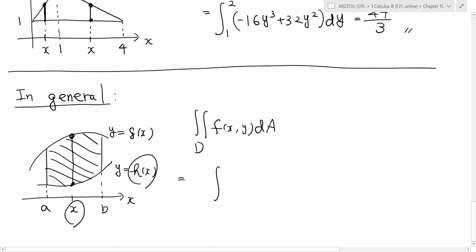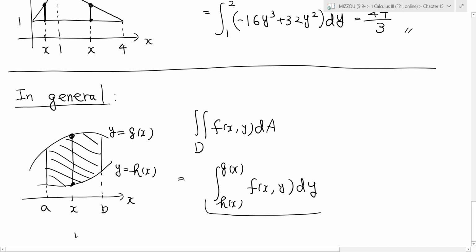In order to be in that region, your y has to go from h of x to g of x, and you integrate with y. Once you carry out this integration, the variable y disappears, and the only thing you are left with is x. Then you move x, in this case from a to b. And then dx.